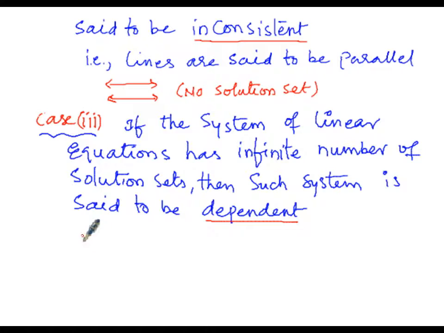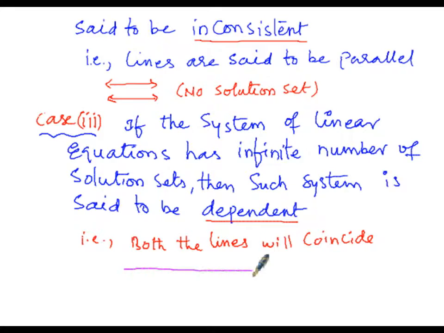whereas here the lines will coincide, both the lines, the pair of lines, will coincide with each other. So this is line P and as well as Q, line PQ and as well as line AB.